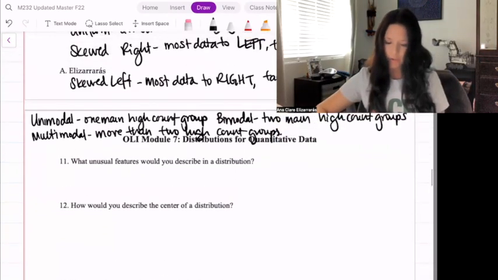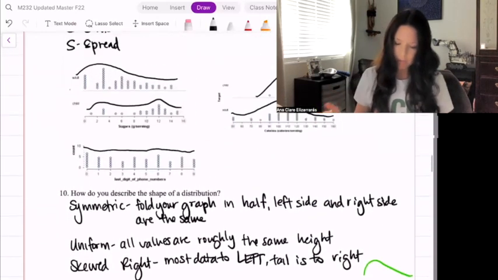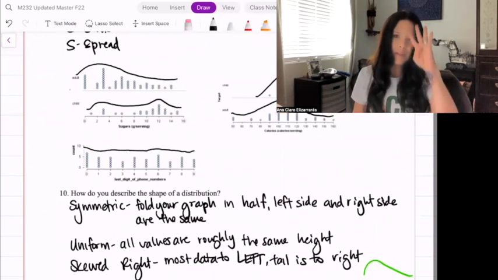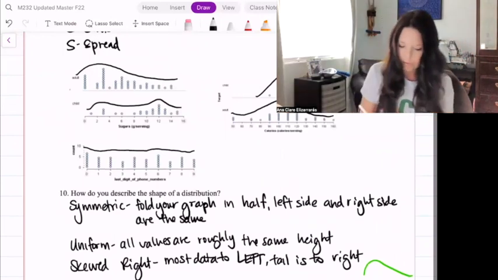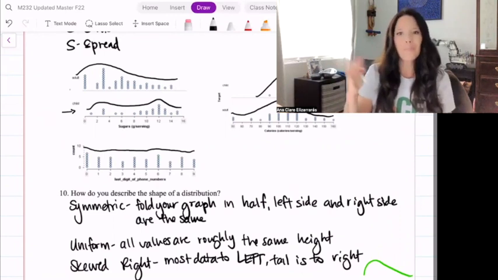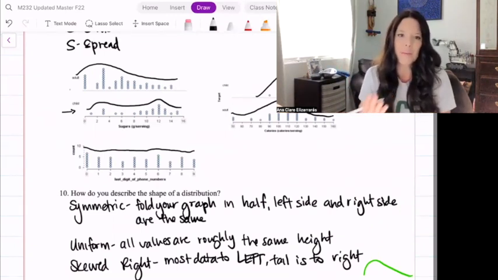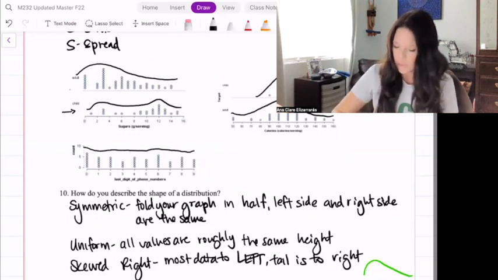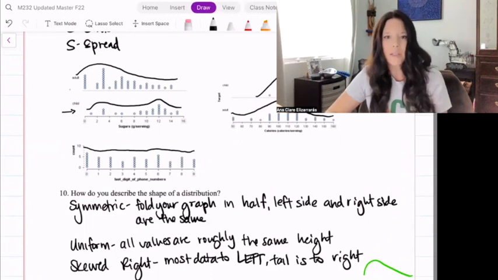If I go back to the pictures that I had before, I would say sugars might be considered bimodal because you've got the 3 grams for children here that has a higher peak, and then also the 12. Or you could say it's skewed to the left. I might consider that bimodal. But the child for calories, that is symmetric-ish.